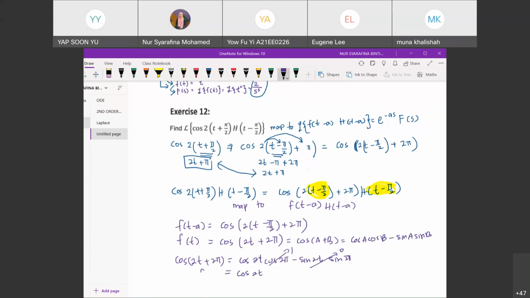So f t equals cos 2t plus 2 pi, by identity, we can simplify it to cos 2t. So F s, transforming cos 2t, will become s over s squared plus 2 squared, right? By table of transformation. Okay, understand or not?